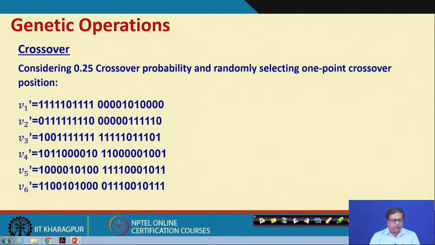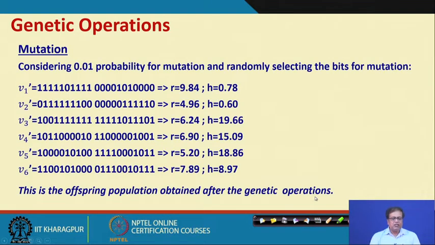And then also we plan to do what is known as the mutation. For mutation, what we do? We have a 0.01 probability for mutation and randomly select the bits for mutation. So, let us say for these numbers, we have taken certain values. So, this is the representation.